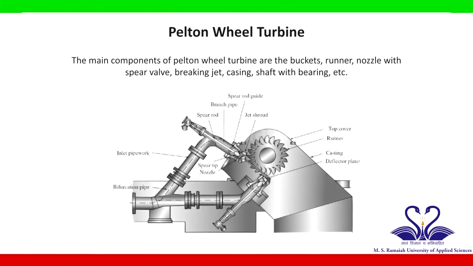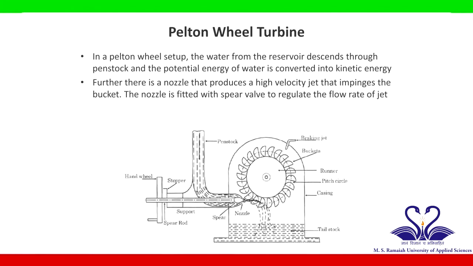The main components of Pelton wheel turbine are the buckets, runner, nozzle with spear valve, braking jet, casing, shaft with bearing, etc. In a Pelton wheel setup, the water from the reservoir descends through penstock and the potential energy of water is converted into kinetic energy.